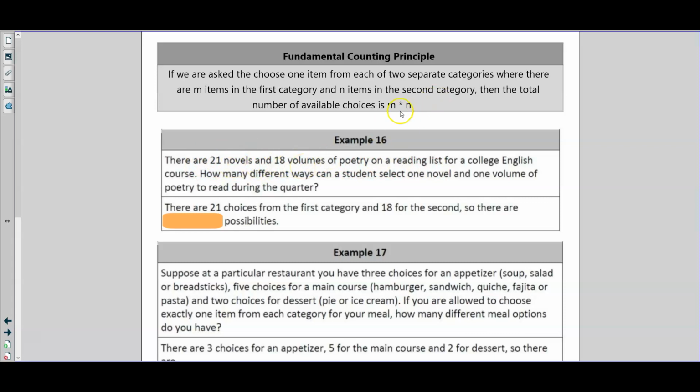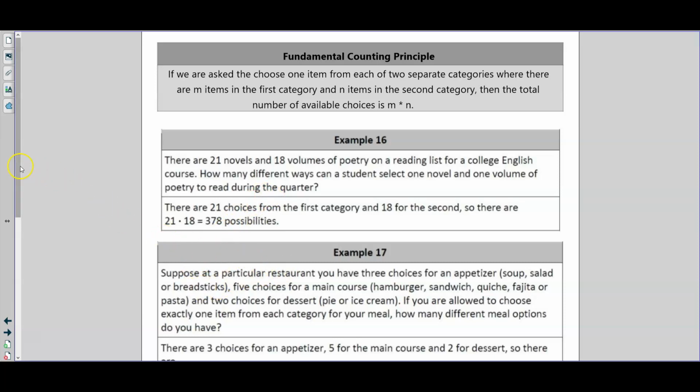We said as long as you have the number of choices, multiply. So here's 21 choices for the first category, 18 for the second. If we multiply them, you should have 378 possible ways that you could read 1 novel and 1 volume of poetry.